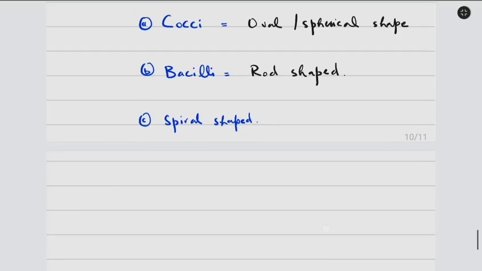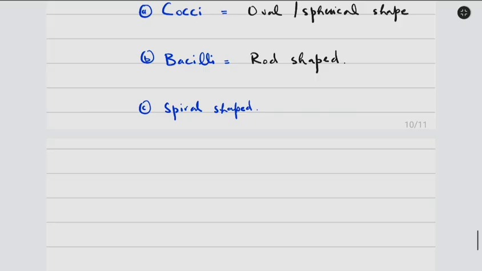Now, if we go into the detail, some of the bacteria can also exist in the form of chains. Some bacteria are just unicellular, single independent cells, that's it.